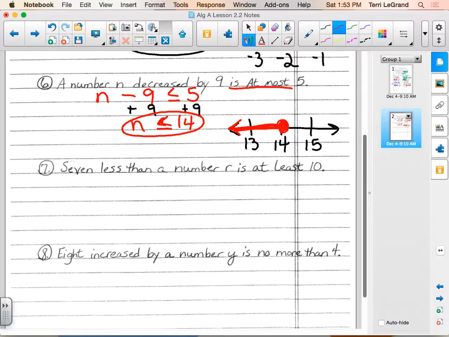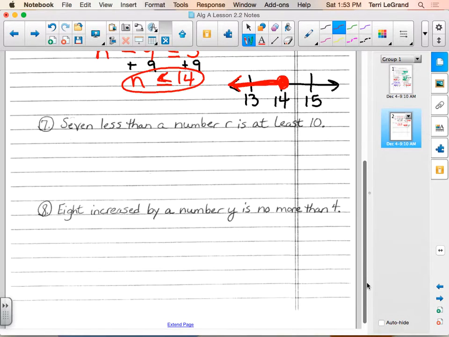Okay, let's go to number 7. 7 less than a number is, notice there didn't say 7 is less than, it says 7 less than a number, r, is at least, there's our inequality, 10. So we need 7 less than, oh, this is the operation subtraction.